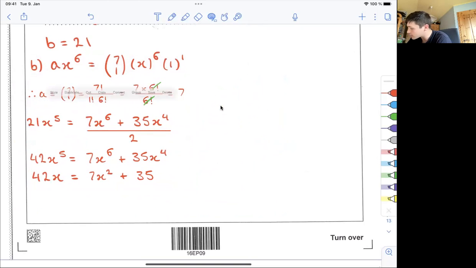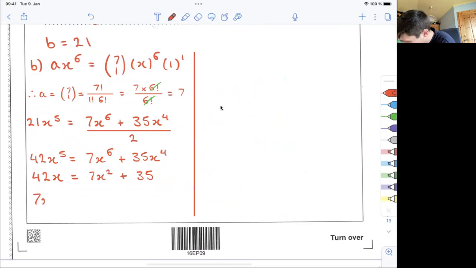We can bring all this to one side and get 7x squared minus 42x, as I am subtracting 42x from both sides. On this side it's going to equal 0, and we get plus 35, and this is equal to 0.